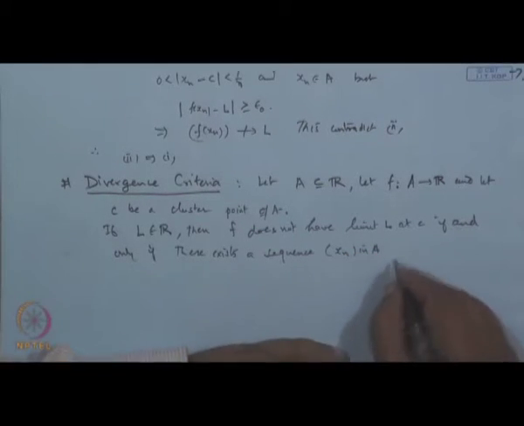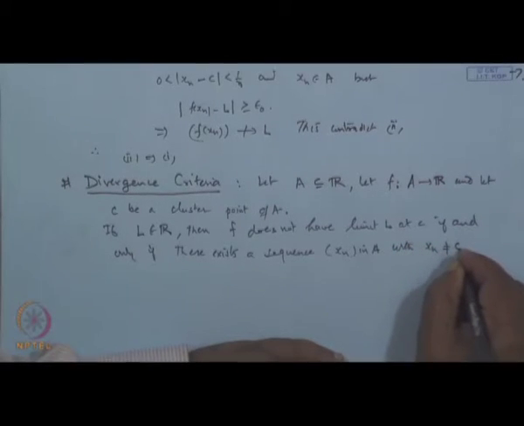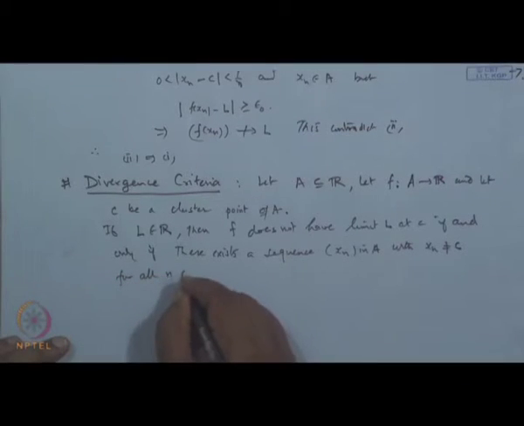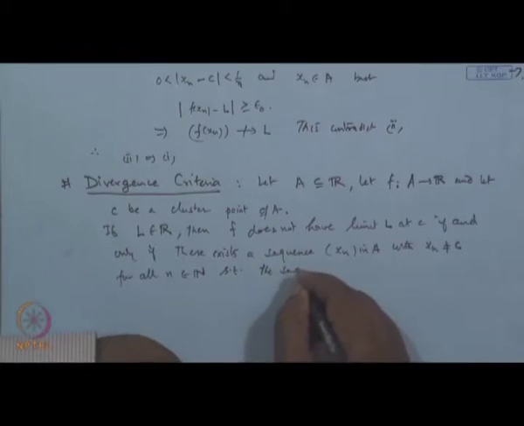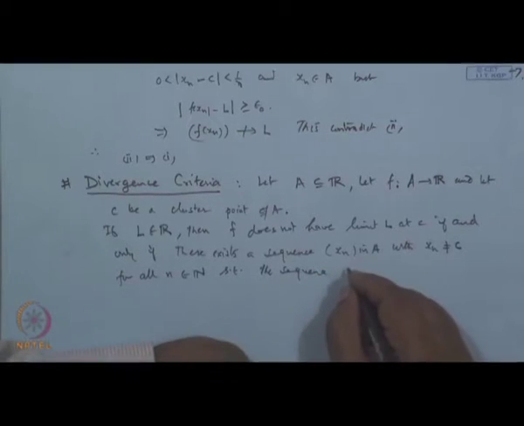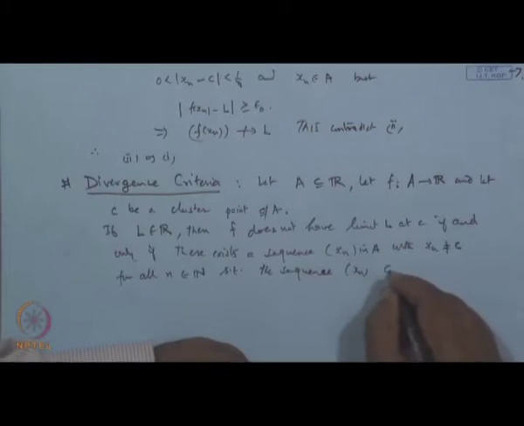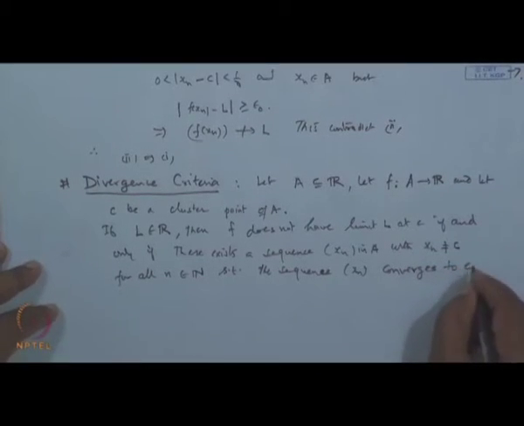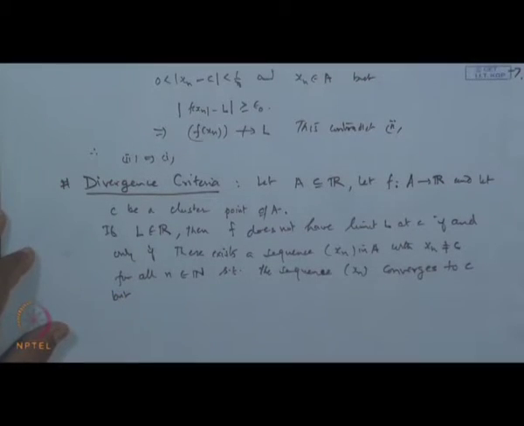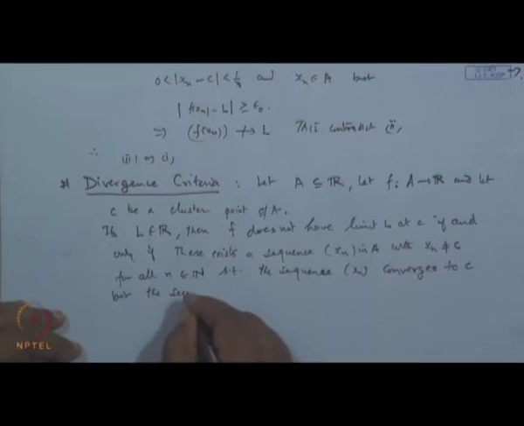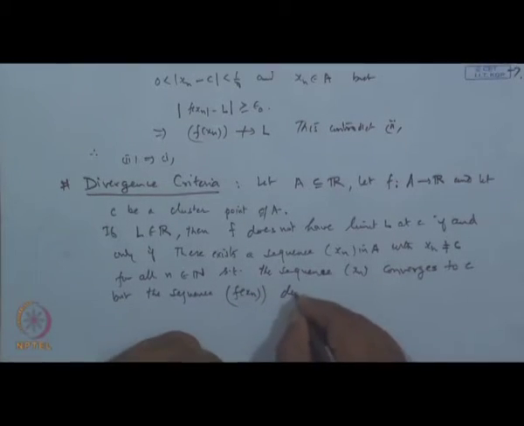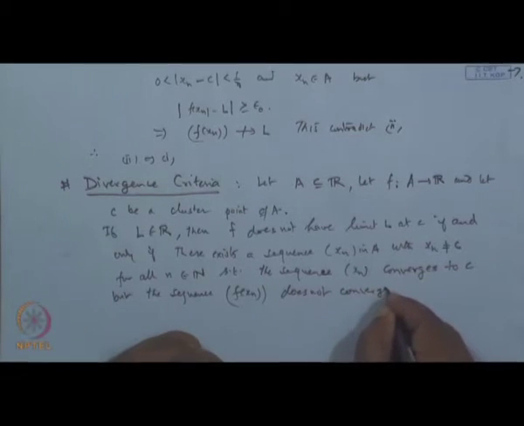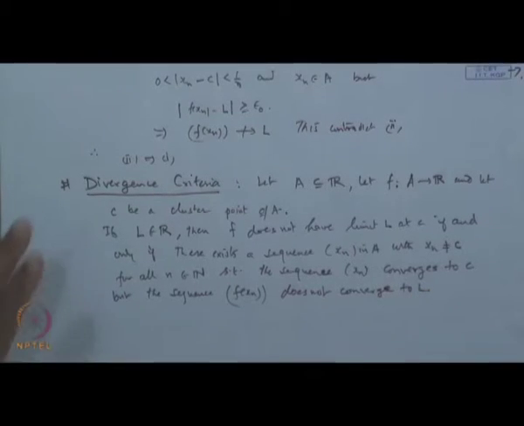with x n different from c for all n belonging to the set of natural numbers, such that the sequence x n converges to c, but the sequence of corresponding images f of x n does not converge to L. So, this is the criteria for the divergence.